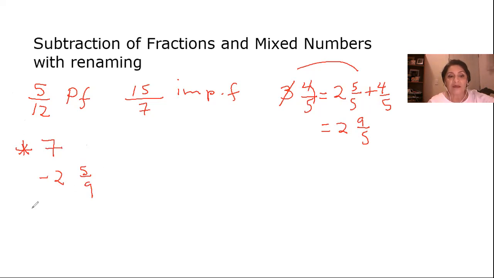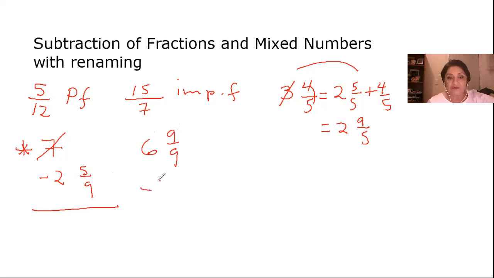I cannot just write the 5/9 over here and subtract 7 minus 2 is 5. No, I have to rename this 7. So I'm going to name that as 6 plus 1 is 7. So I'm going to write 6, and I'm going to use the 9 as a denominator and numerator. Denominator. 6 plus 1 is 7.